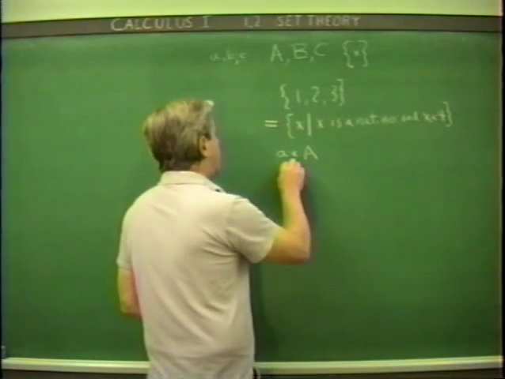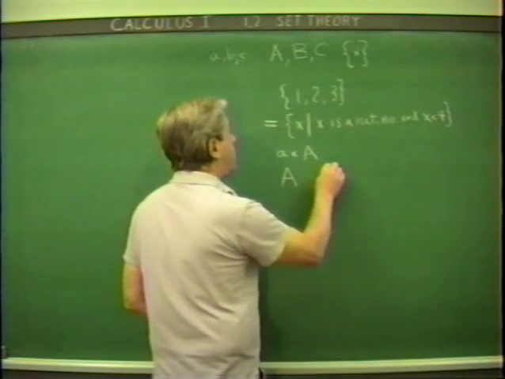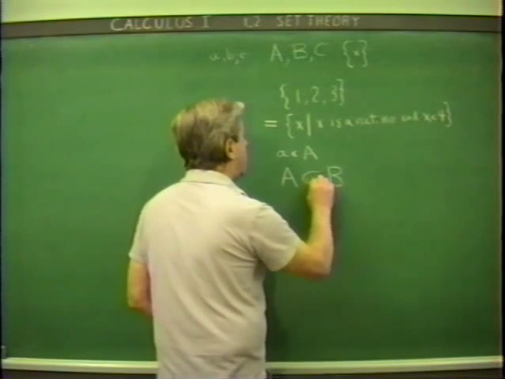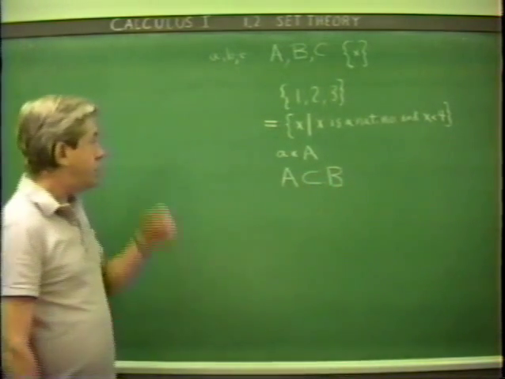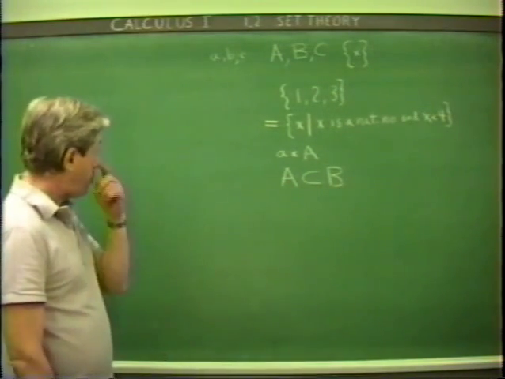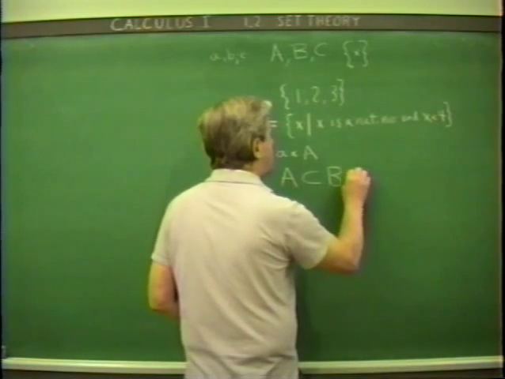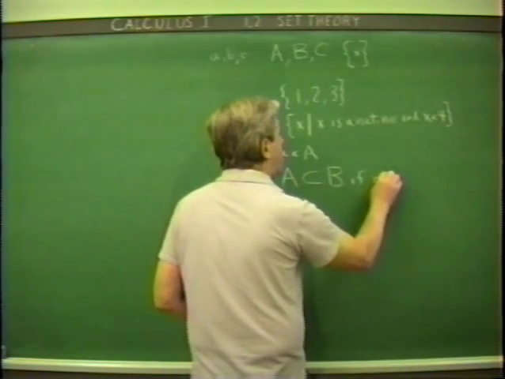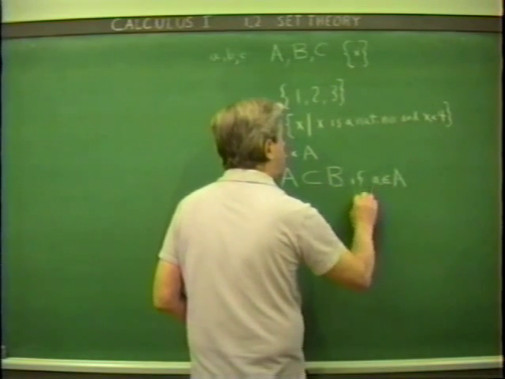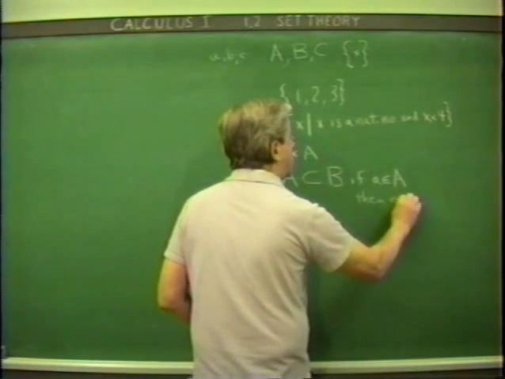If all the elements of a given set belong to a different set, for example, if all of the elements of A belong to a set B, we write A is contained in B, where this is a U on its side. This is, A is contained in B if whenever a is in A, then a is necessarily also in B.